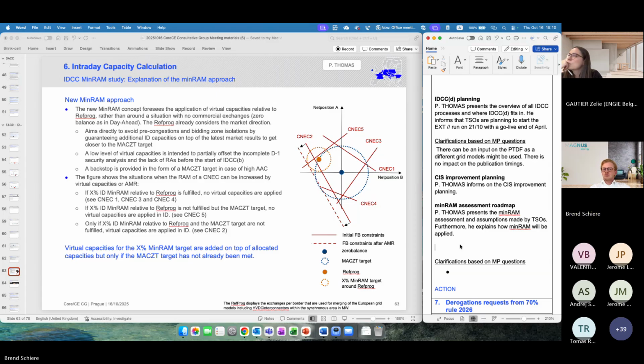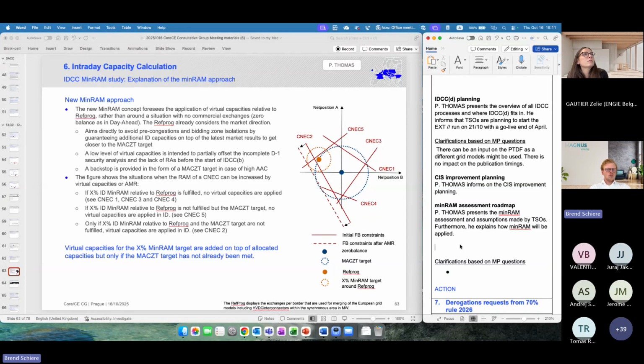May I ask, is it possible to move NEC 5? Sorry, can you repeat, please? In this logic, would it be possible to move NEC 5 to the left upper corner? NEC 5. Yeah, indeed.